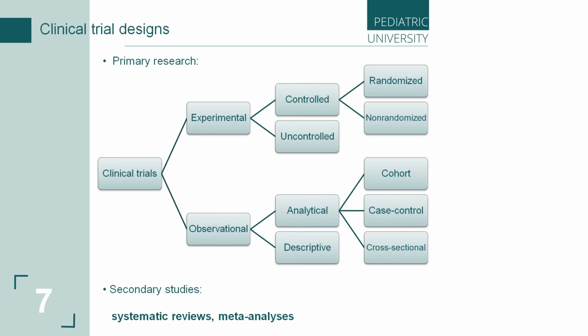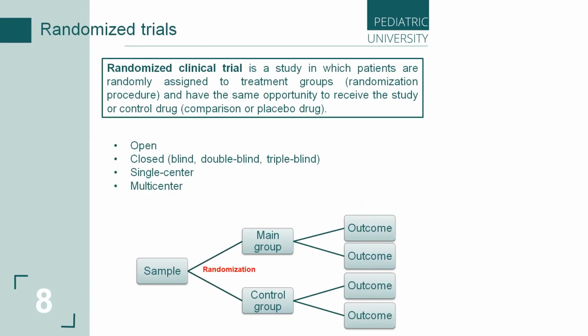So now, after the designs of our clinical trials, we must talk to you more about randomized trials. Nowadays it's the gold standard, when a study is randomized, especially double-blind.